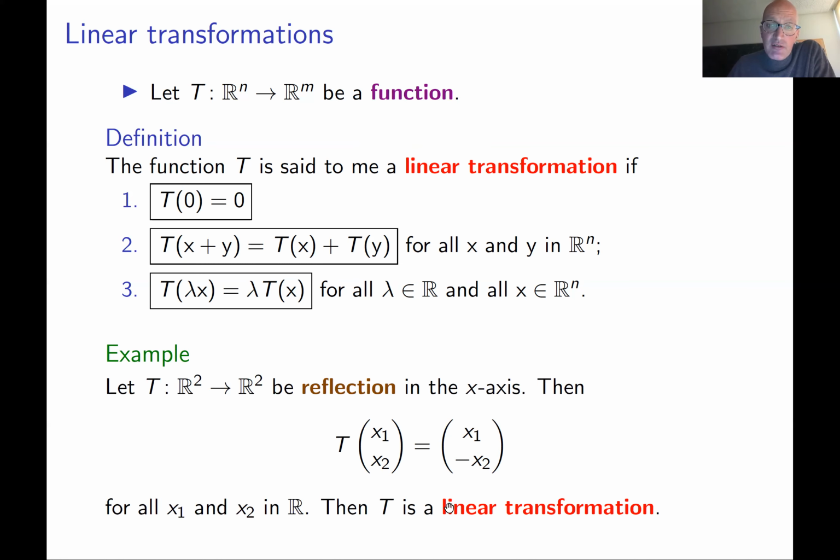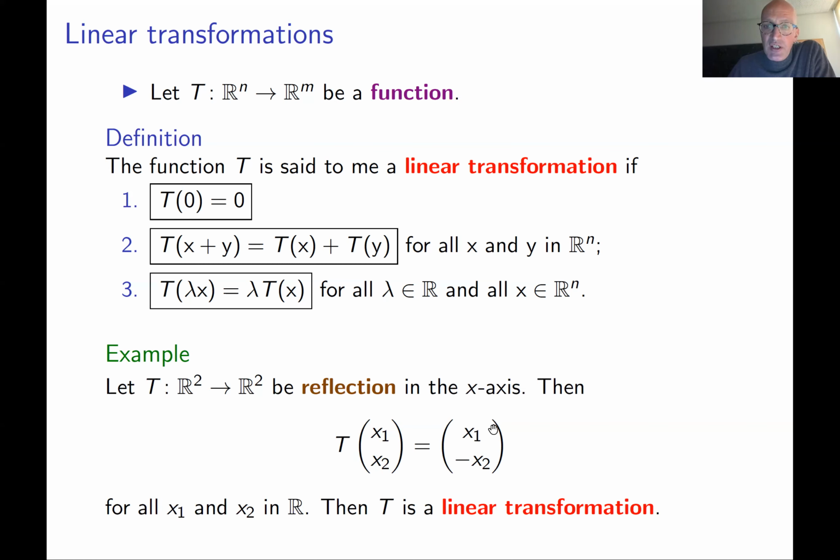How to check this? Okay, you need to check these three properties. You take the zero vector, substitute here, and then using this formula, you see that the zero vector is mapped to the zero vector, (0, 0). Second, you take the vector x plus y. It has coordinates x1 plus y1, x2 plus y2.